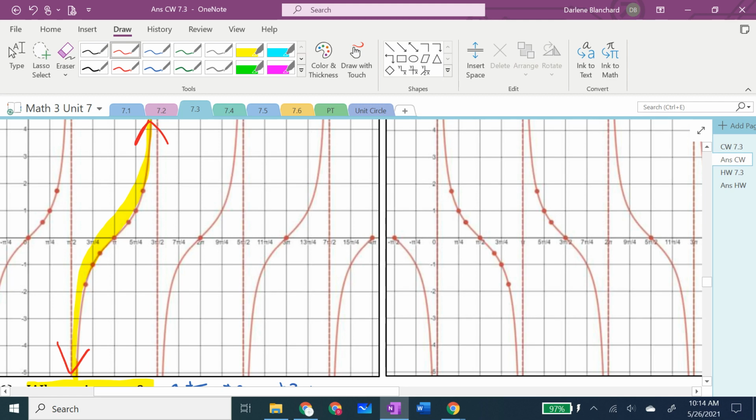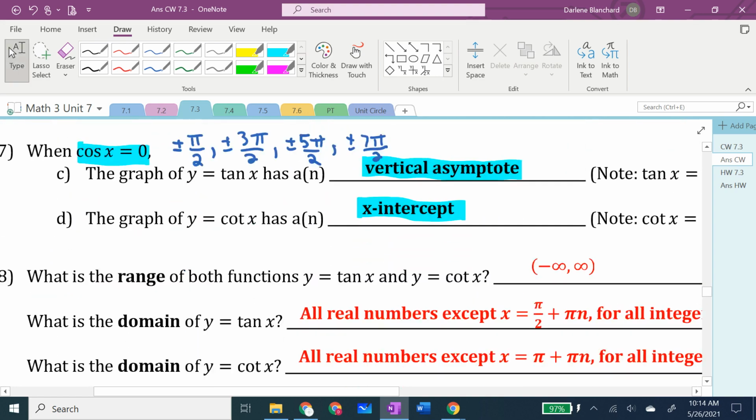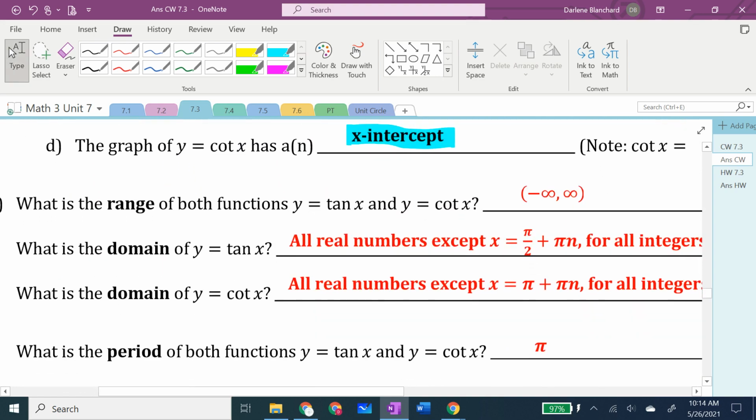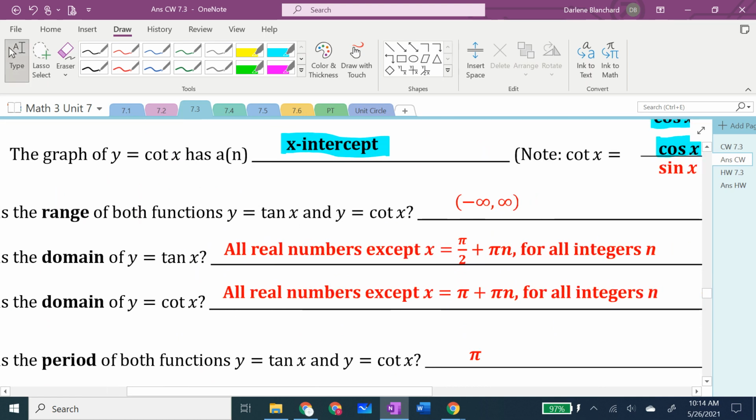We have a range of all real numbers. The domain happens to be everything except the vertical asymptotes. So the domain of tangent is all real numbers except for the odd multiples of pi over 2. For cotangent, it's all the multiples of pi.